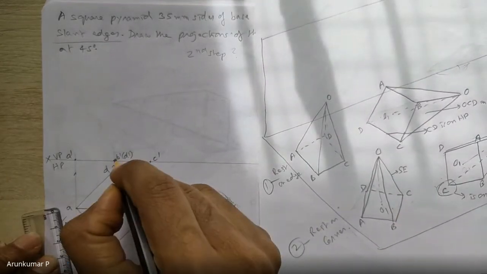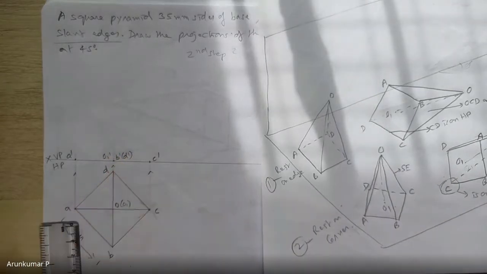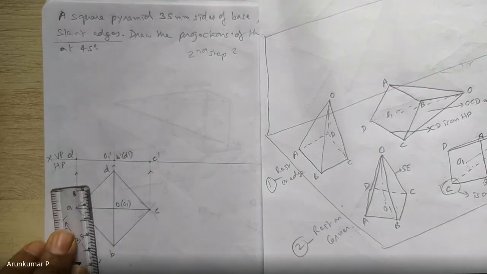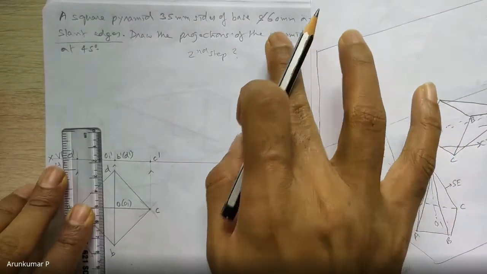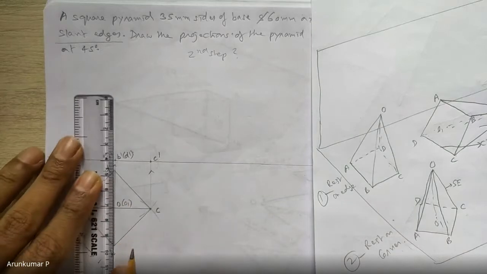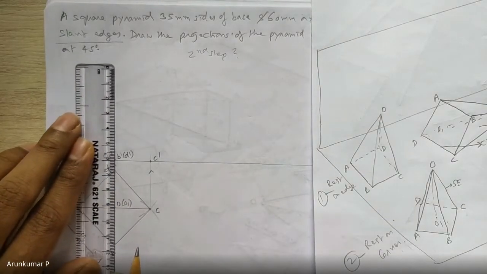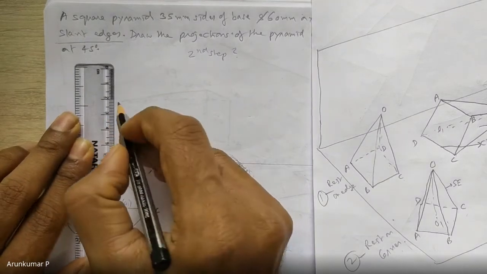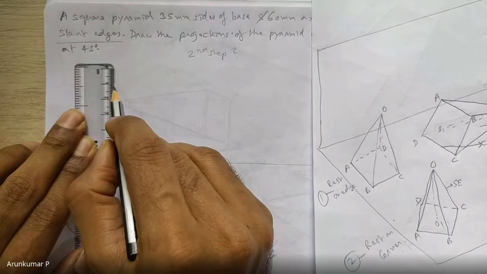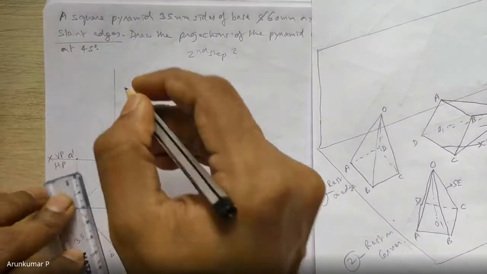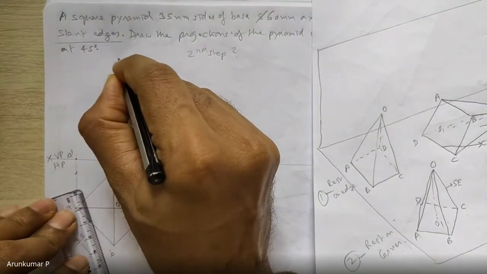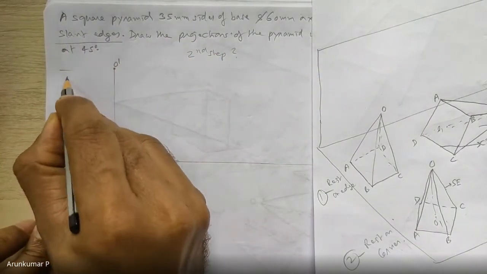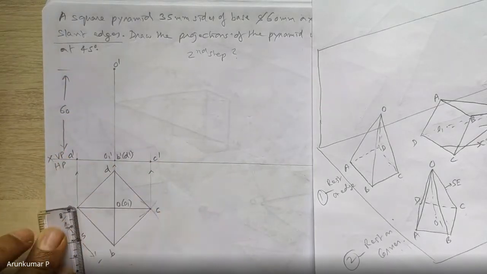O1 is also at the same location because O1 is the center of the base. The only point which will be 60 mm above is O. So this projector of O you have to extend above the XY line by a length equal to 60 mm. So this is O dash, and this length is 60.